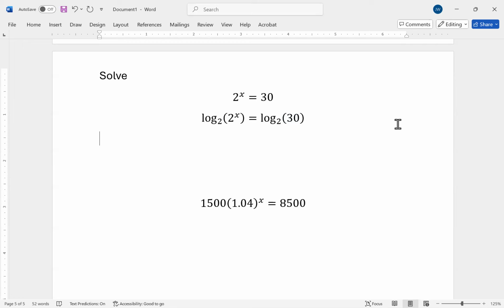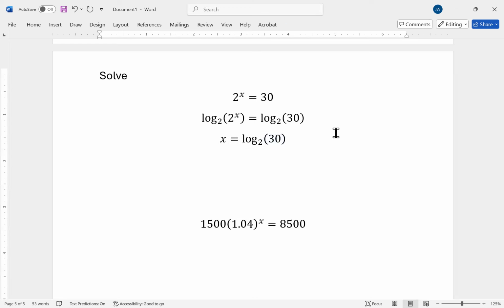For the same reason we've looked at before, the inverse property of logarithms and exponential operations, the log base 2 and the 2 to the x would cancel out and just give me an x. So I get x is equal to log base 2 of 30.